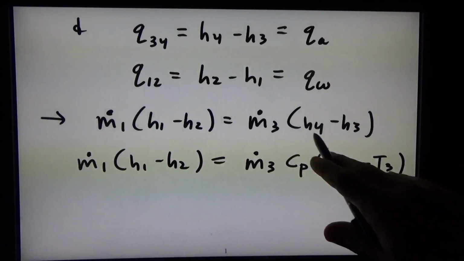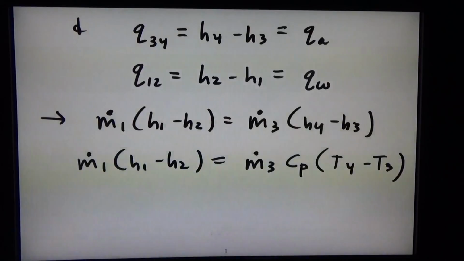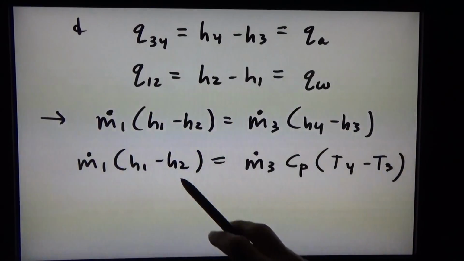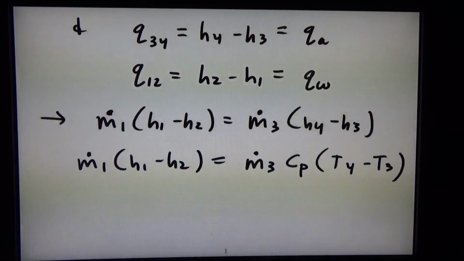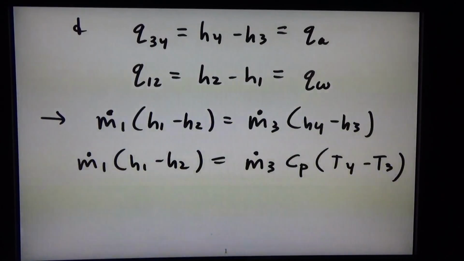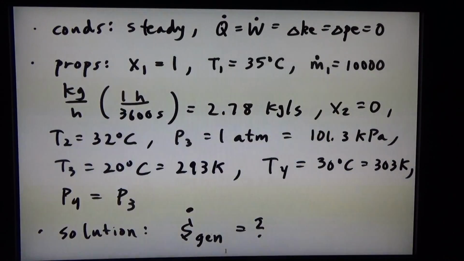All that's doing is taking delta h for an ideal gas as c sub p times delta T. So now looking at this equation, what are our unknowns? We know the mass flow rate of the water, but we need to look up h1 and h2 based on the properties of the water. We can look up specific heat of air, and we actually know T4 and T3. So let's start off by just looking up h1 and h2.